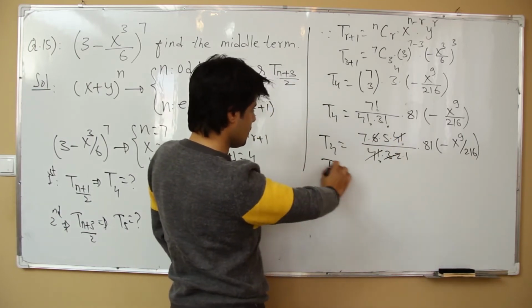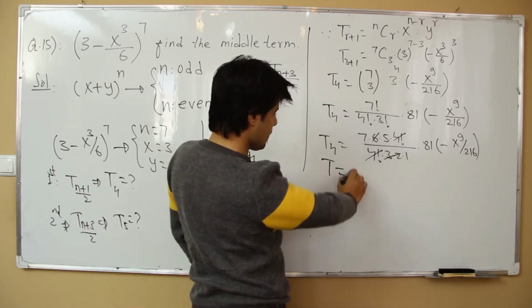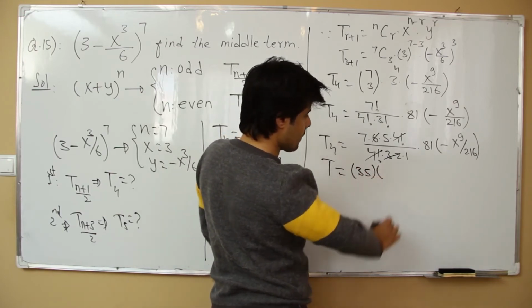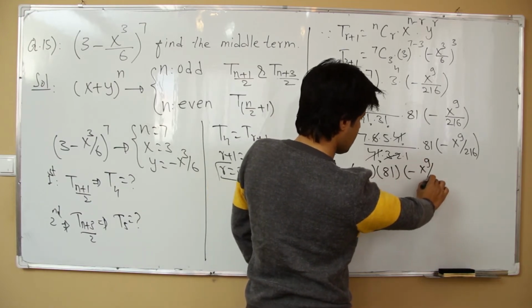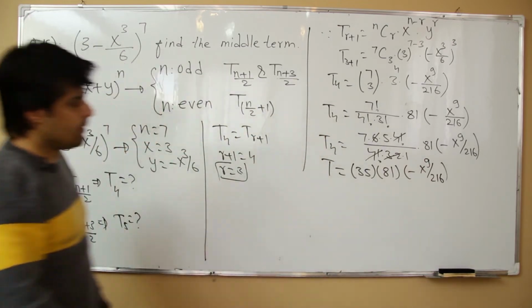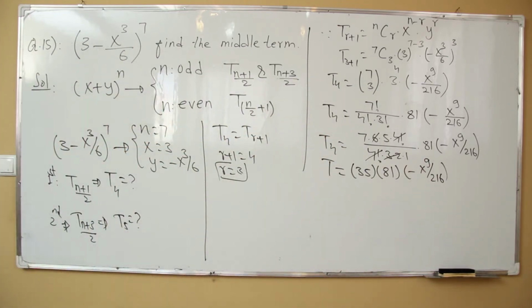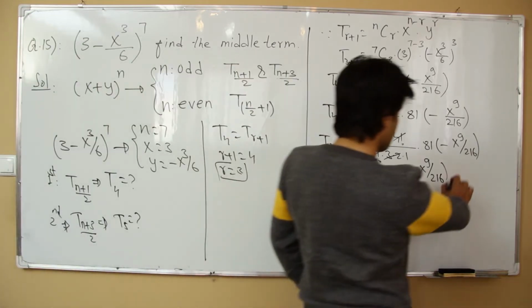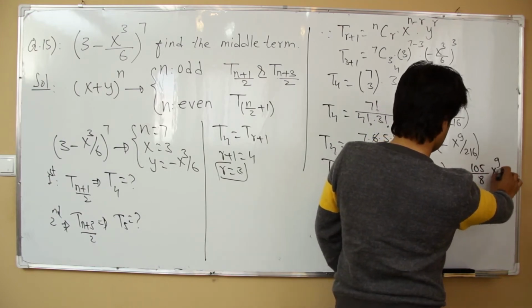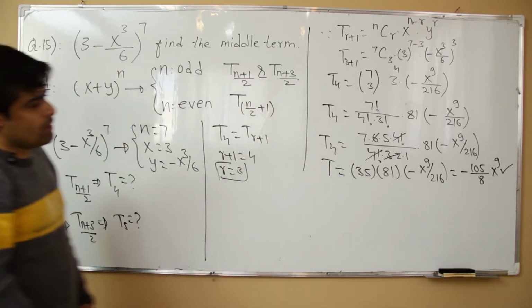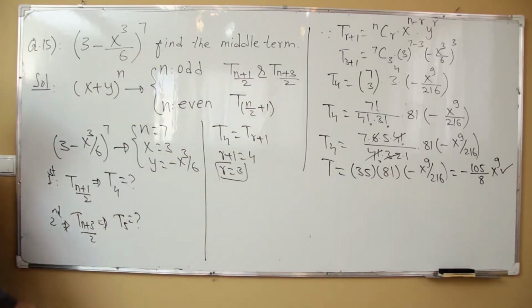Now 7 times 5 is 35, times 81 times minus x to the power 9 divided by 216. If you simplify this, the answer would be minus 105 divided by 8 x to the power 9. After cancellation, you will find this answer. It is T4.